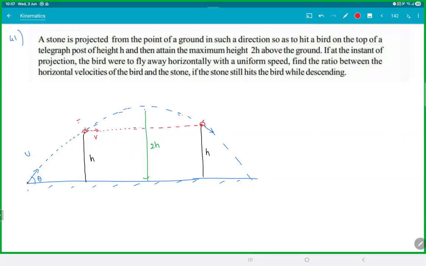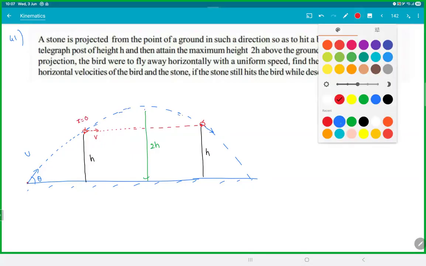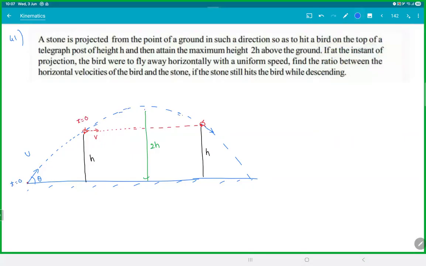So for the bird, this is t equal to 0. For the stone, t is equal to 0. And both are not going with the same speed. So this v is the velocity of the bird. The stone's horizontal component is u cos theta. And this position is where the stone hits the bird.